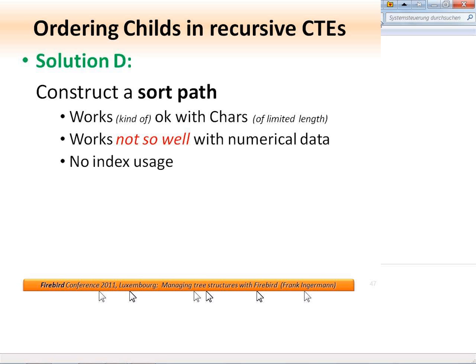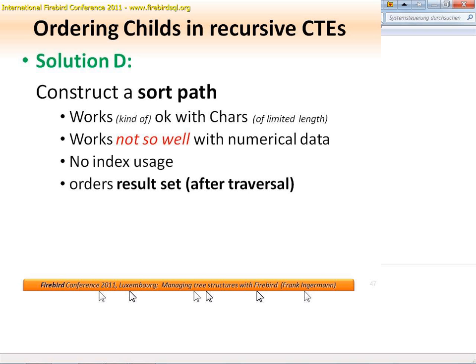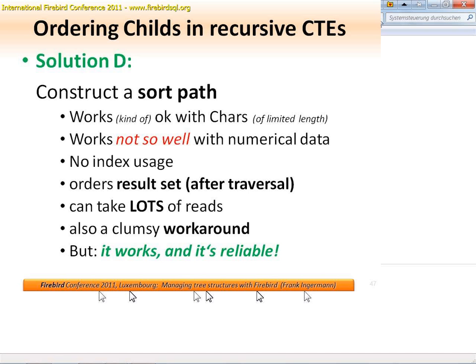And it doesn't use any lineage. And it also sorts after the recursive CTE is executed. It's also not very elegant. But basically, in Firebird 2.5 and 3.0, it's the only option you have.